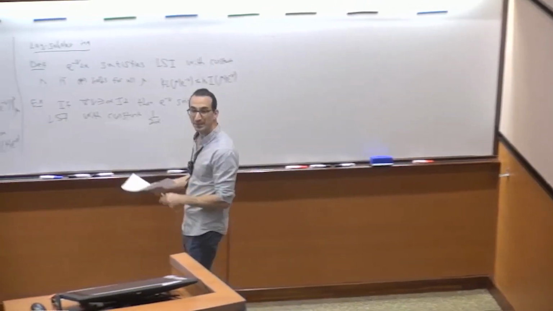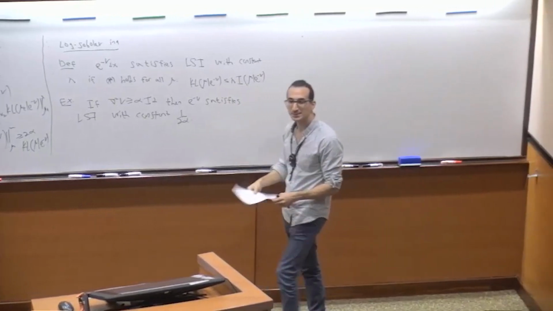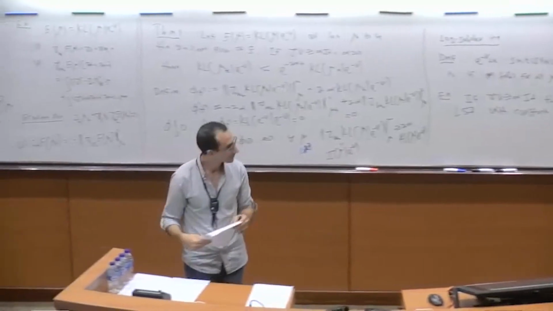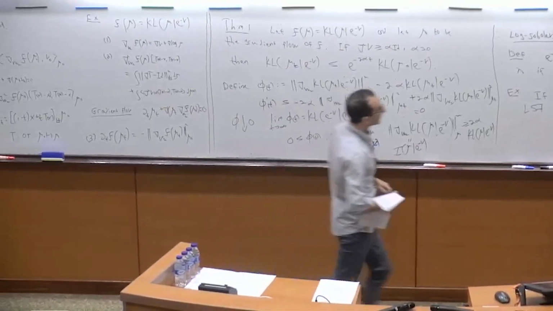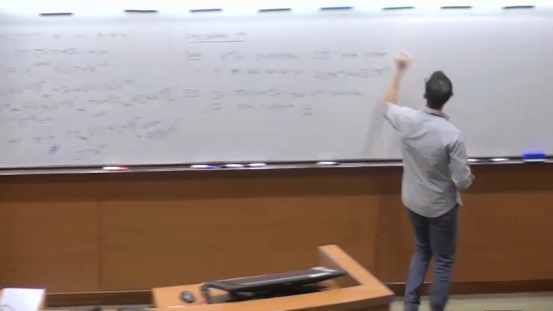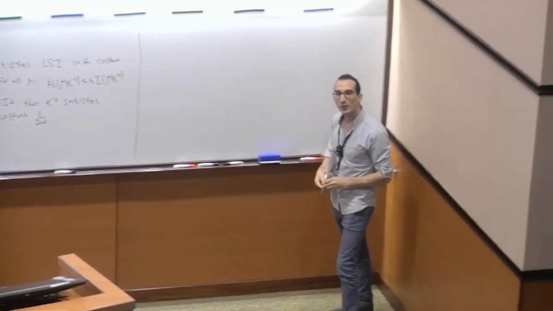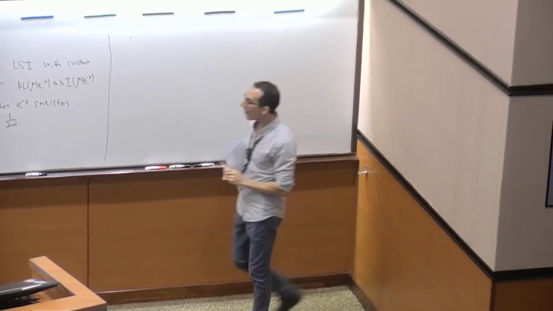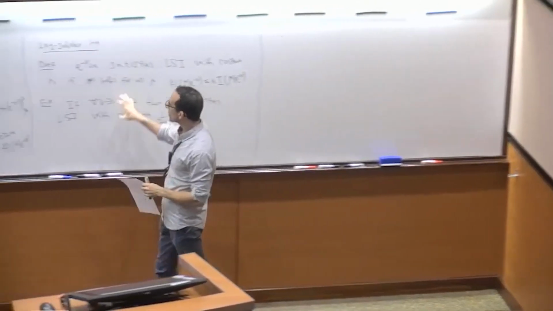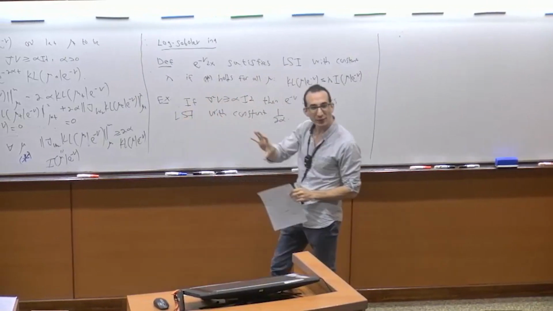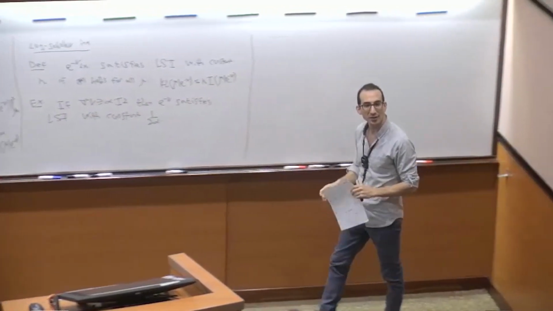Okay. Questions? Good. In the next result, I want to show you how, if you know this particular log-Sobolev inequality, you can deduce a different inequality from it. It's going to be called the Talagrand inequality.